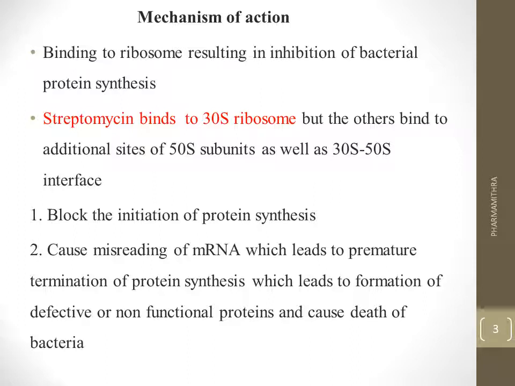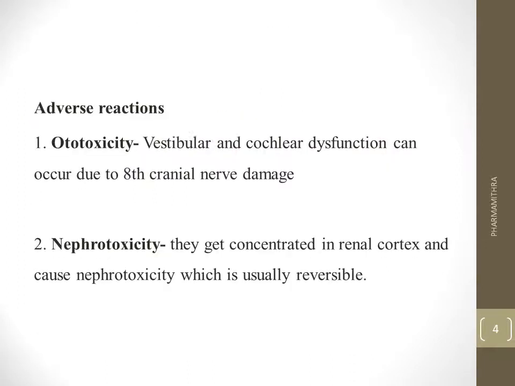So that is the difference of streptomycin. It blocks the initiation of protein synthesis and causes misreading of the mRNA, which may lead to premature termination of protein synthesis and the formation of defective or non-functional protein. So it may result in the death of the bacteria, and this is the mechanism of action. Now, streptomycin binds to the 30S ribosome.